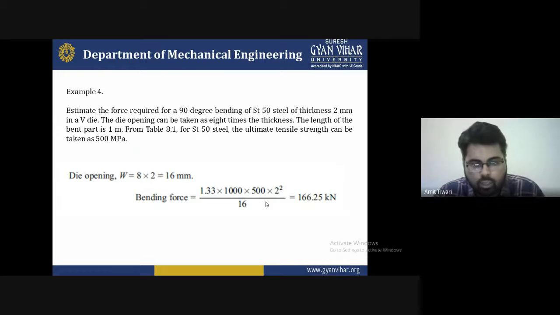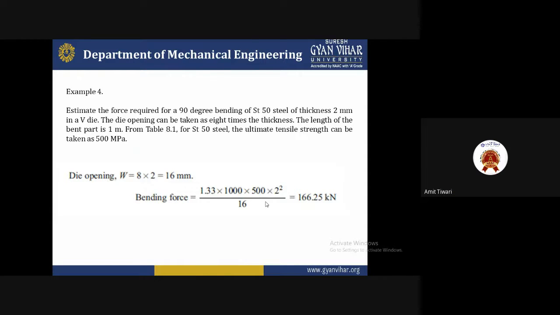This is the formula, and after calculating this equation we find the value, 166.25 kilonewton. This is the total bending force we require. You can find it simply by calculating the bending force, estimating the force required.